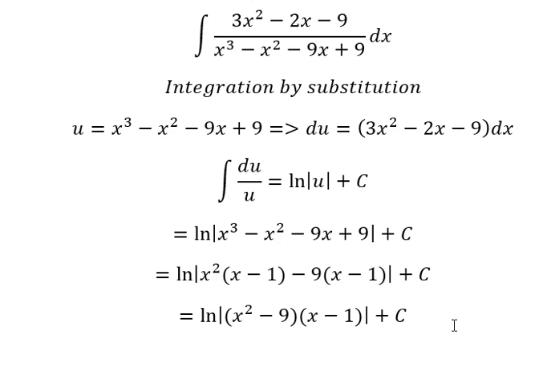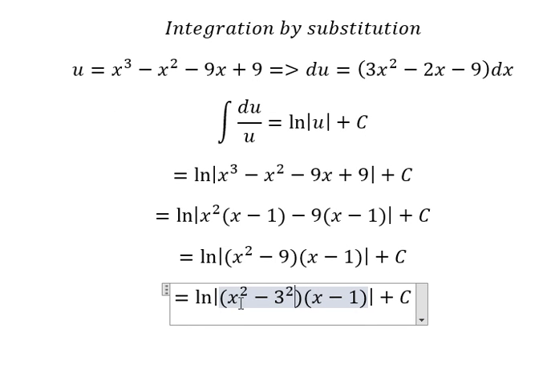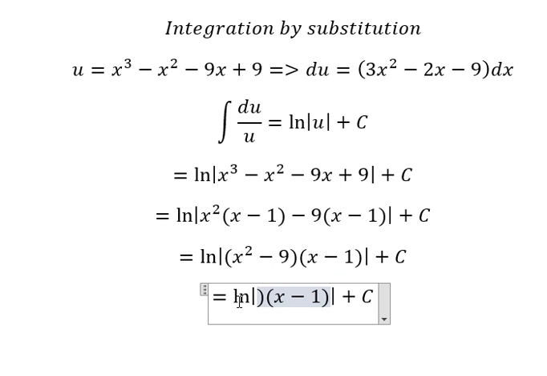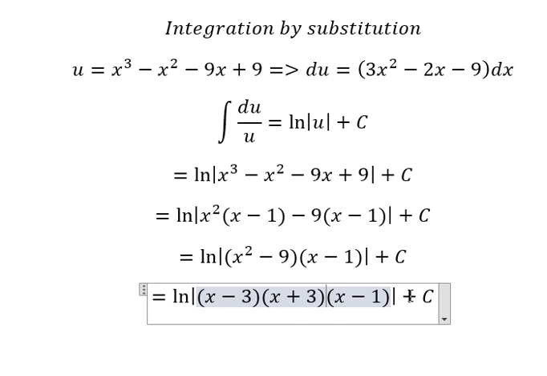Next, this one is an identity. So s squared minus 3 squared, we put into s minus 3 and s plus 3.